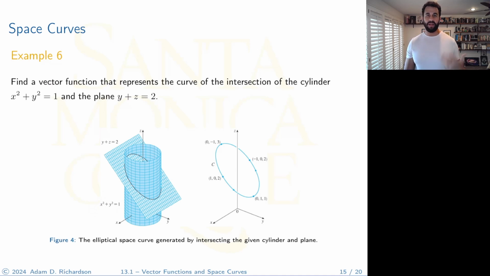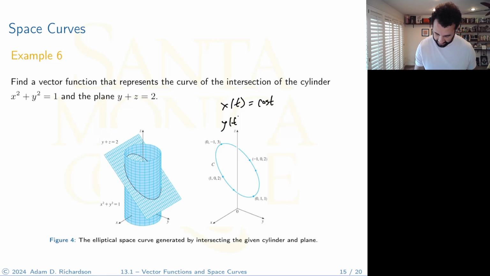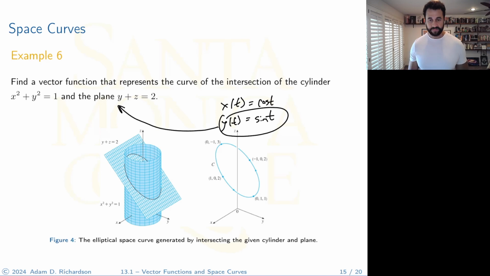So we know right away that X is going to be cosine of t and Y is going to be sine of t. Now we just have to figure out Z, right? So we've got X and Y, but how do we figure out Z? Well, the good news is if we write this down, x of t equals cosine t and y of t is sine t, we can use this to solve for z.